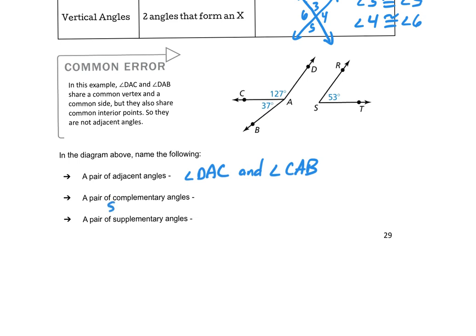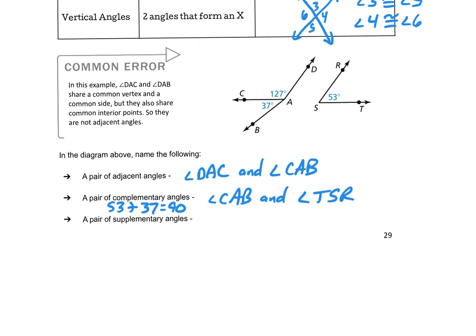You get 90, okay? So 53 plus 37 equals 90. So we're going to use those two, and we're going to say angle CAB and angle TSR. Those would be my two complementary angles.